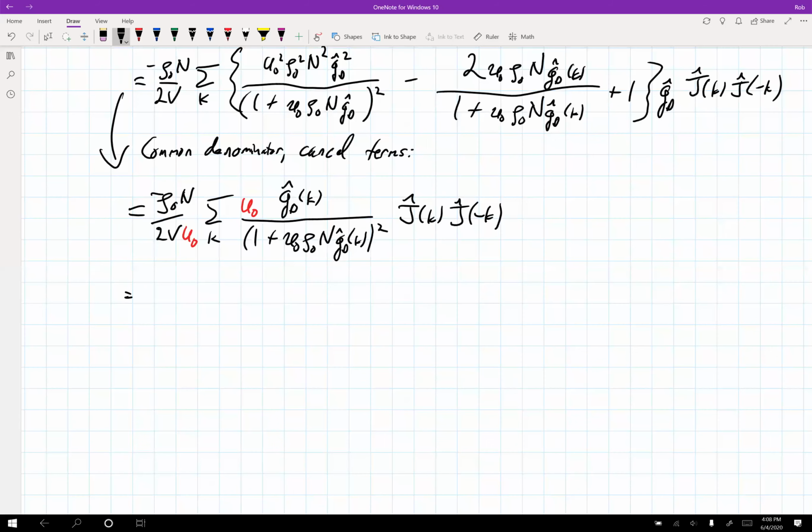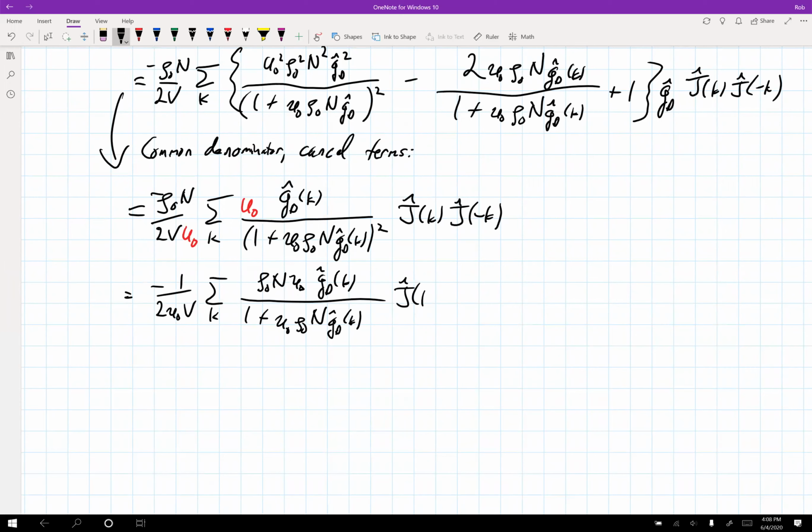And then this is all just going to be minus 1 over 2 u0v sum over k rho 0 n u0 divide function over 1 plus u0 rho 0 n divide function of k, and then j hat of k, j hat of minus k. All right, we are getting somewhere.